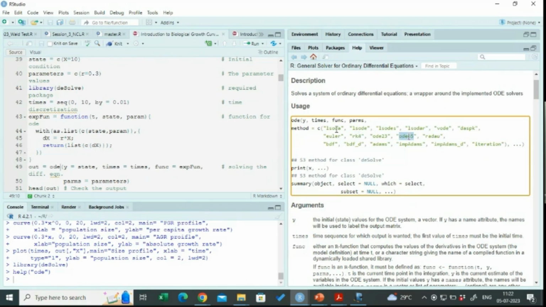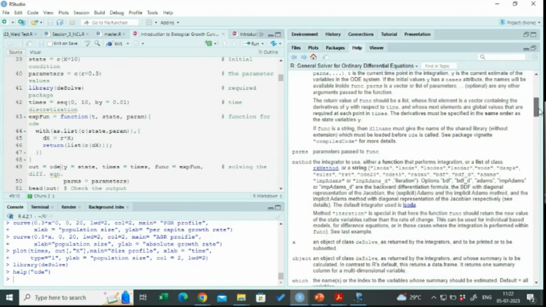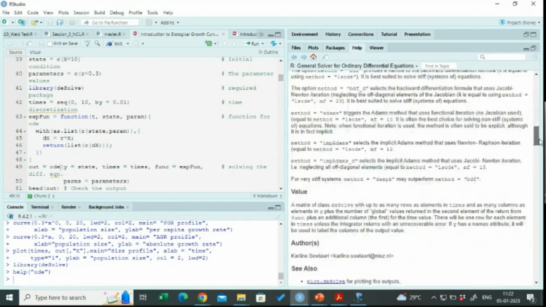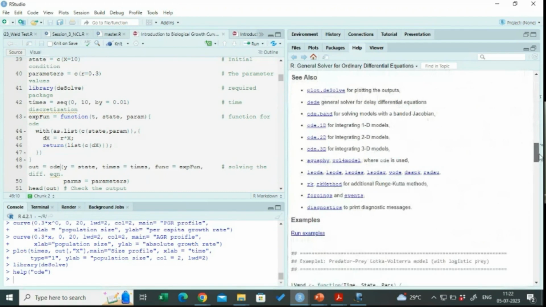You see that this contains all of these methods, right? The Adams method, there are many possibilities, and the Euler method, that is the Taylor series method keeping the first order. There are also methodological descriptions, so you can easily get that.